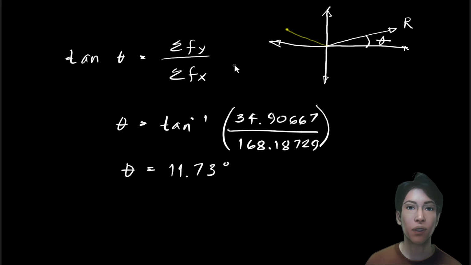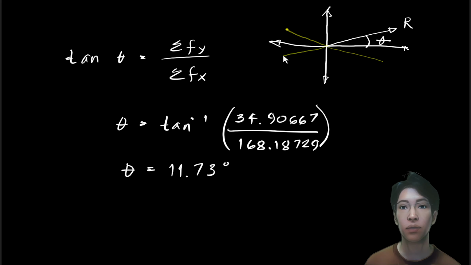Okay? Now, if y is negative and x is positive, then it will be over here. If both x and y are negative, then it will be in this quadrant. Again, angle theta is measured along the x-axis. Okay? So along the x-axis.